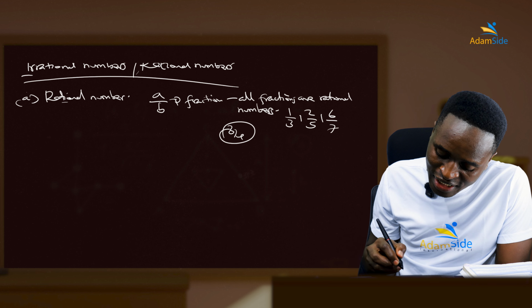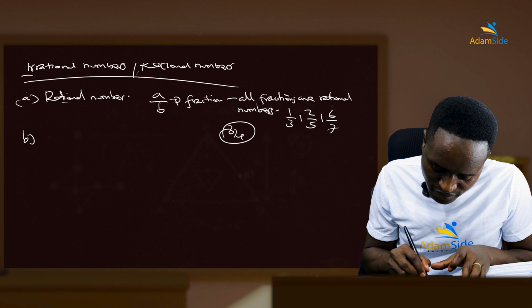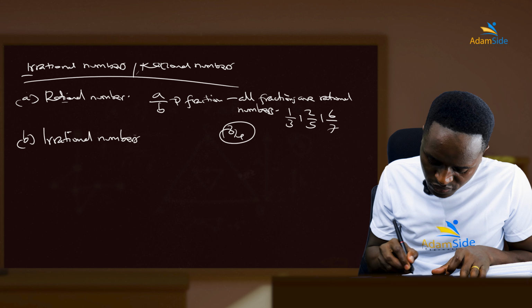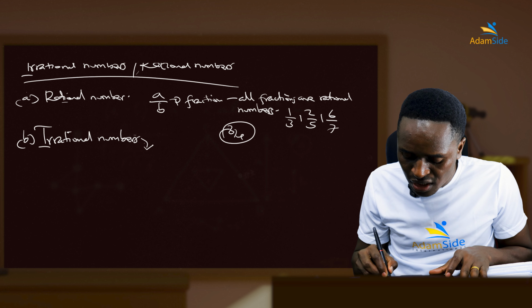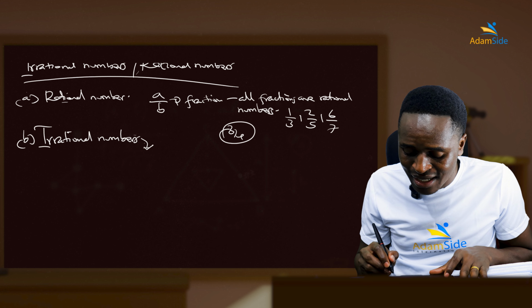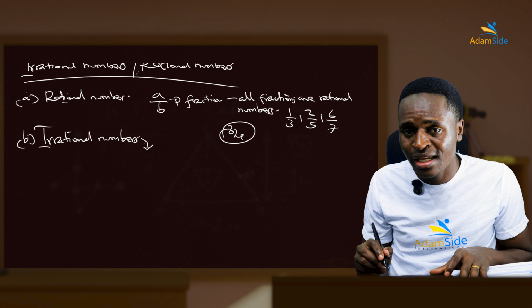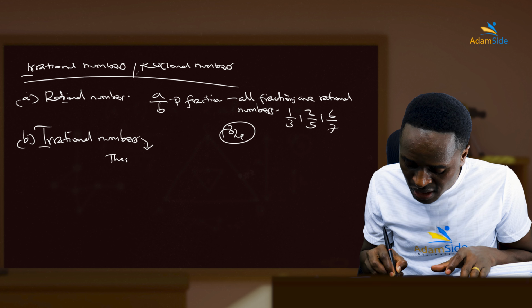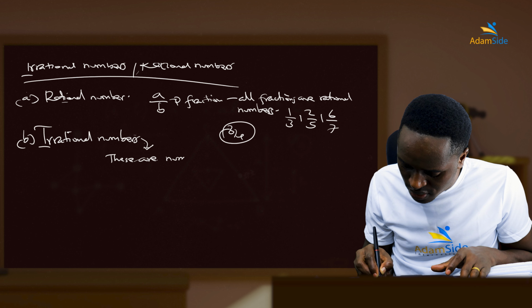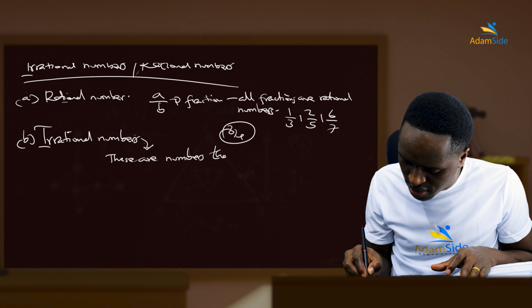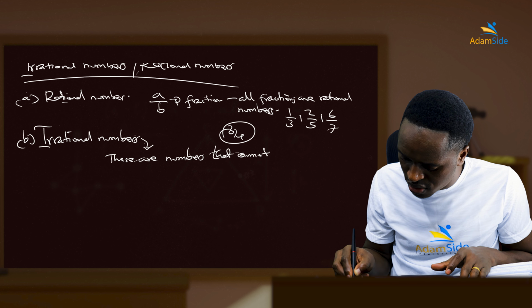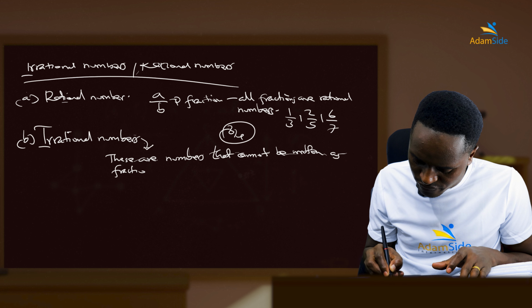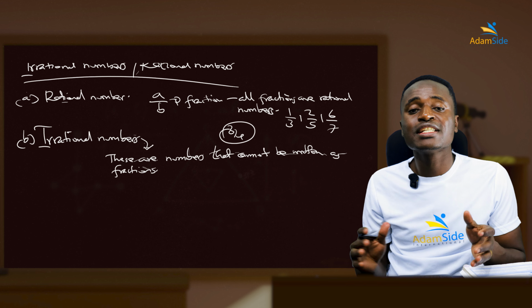Then we say irrational numbers. These are numbers that cannot be written as fractions.